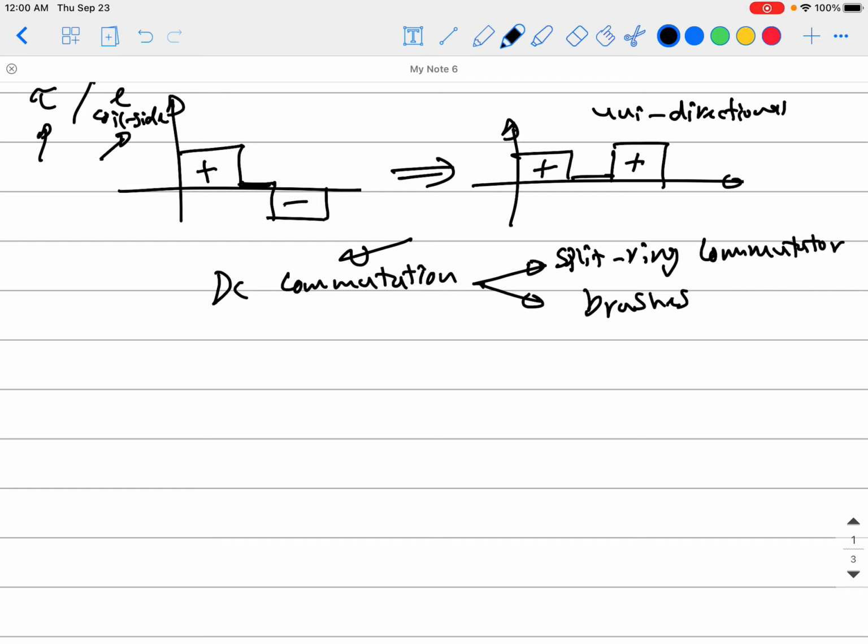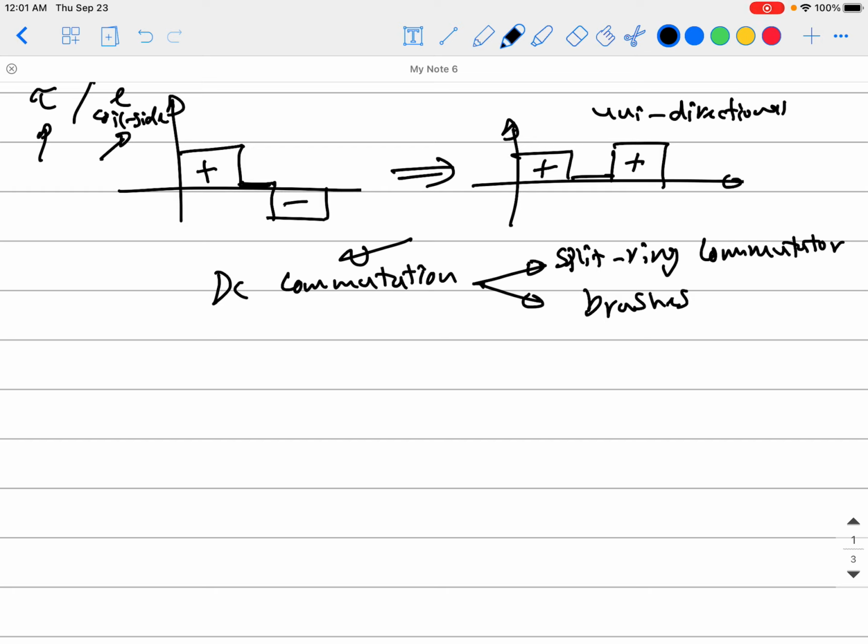By using the split ring commutator and brushes, they're actually doing the exact same job as modern day power electronics. Nowadays we have what we call a power electronic AC to DC converter, a rectifier, which uses power electronics to transform from AC voltage to DC voltage. That's what the commutator and brushes do in a DC generator. At the same time, we have nowadays what we call a DC to AC inverter made by power electronics, and we'll be talking about this when we talk about the control of induction machines later in the course.